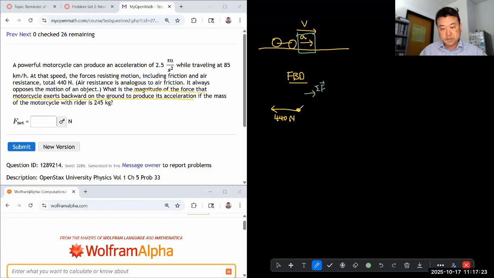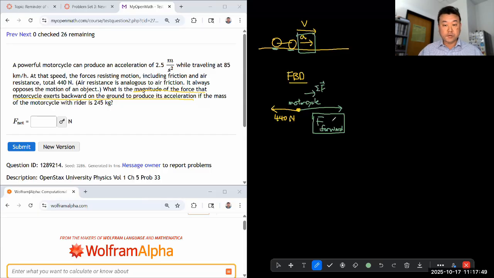So there must be some kind of F forward. And it comes down to the question of how this forward force is generated. Ultimately, it's the force between the motorcycle tire and the road. This contact surface is how that force is being exerted on the motorcycle.